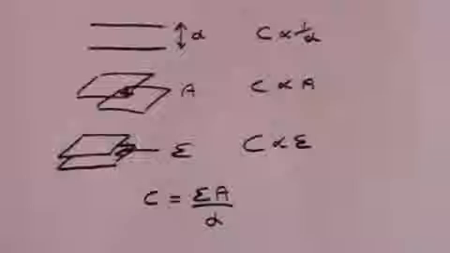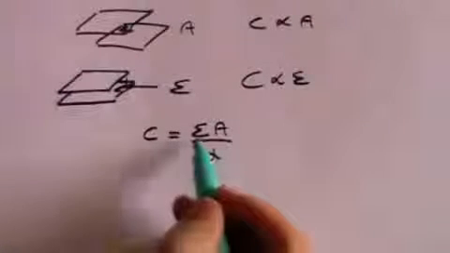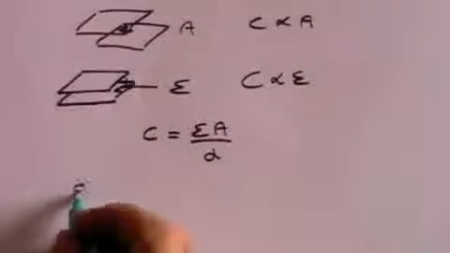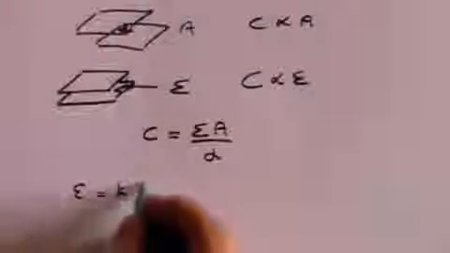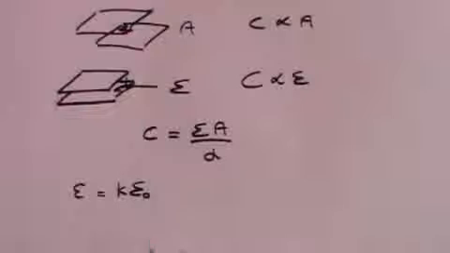Firstly, let's just explain what this term epsilon actually is. Epsilon is usually expressed as K times epsilon naught, where K is the relative permittivity and epsilon naught is the permittivity of free space.